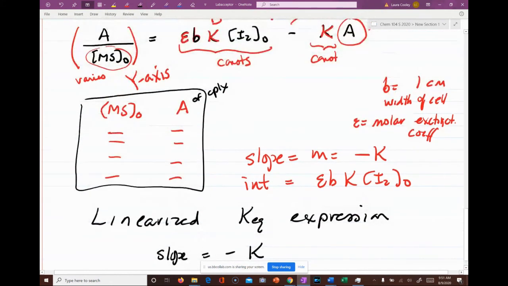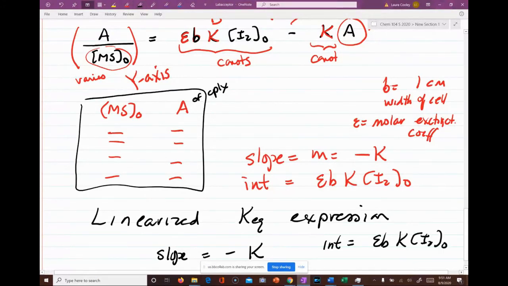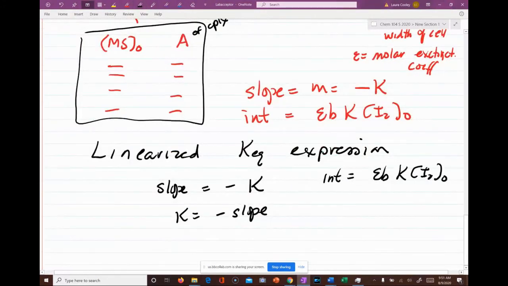We also know that the intercept is EBKI20. K we can get from the slope, B is a constant, and I20 we all know. So we can take the intercept and divide it by BKI20, and that gives us the epsilon. So we could actually solve for epsilon as well.